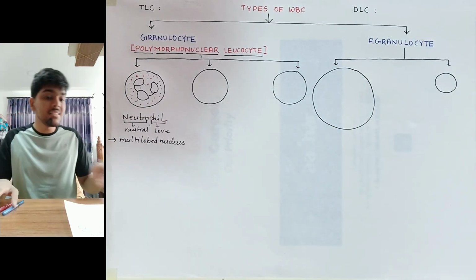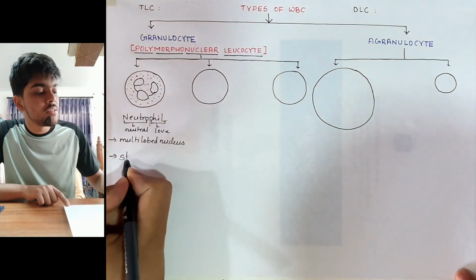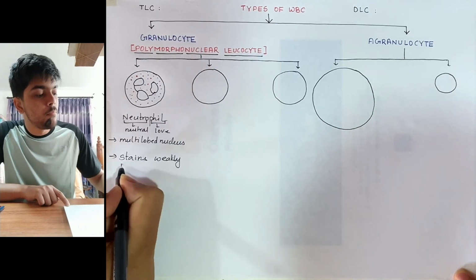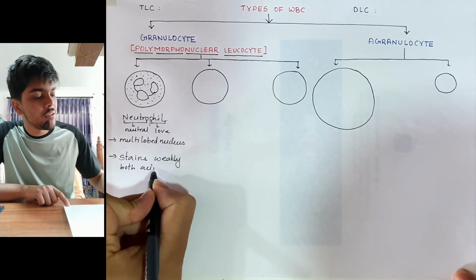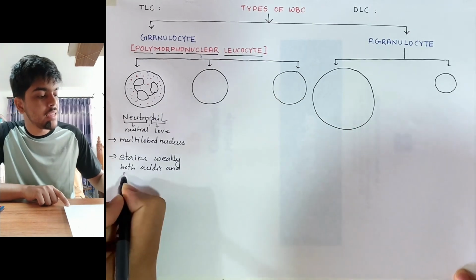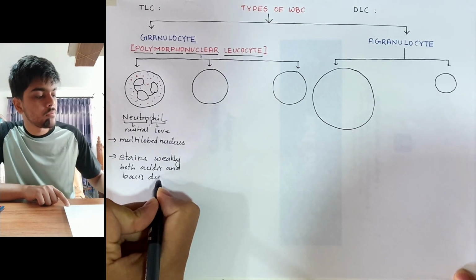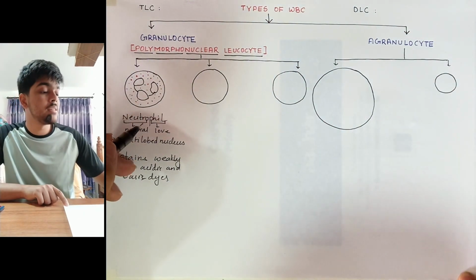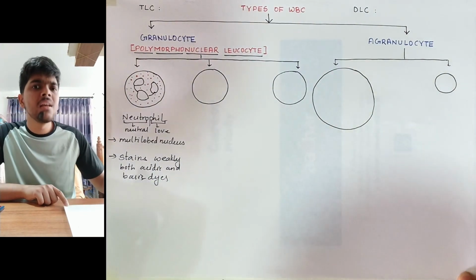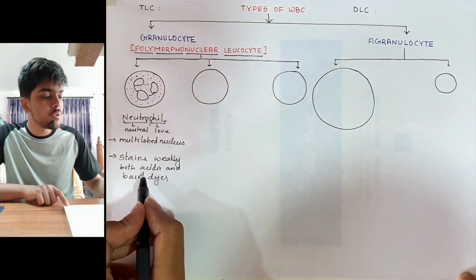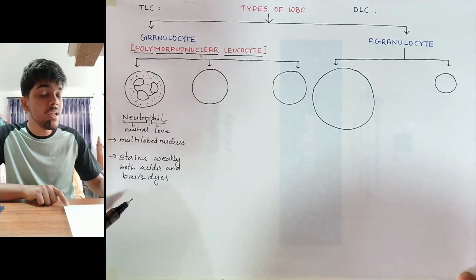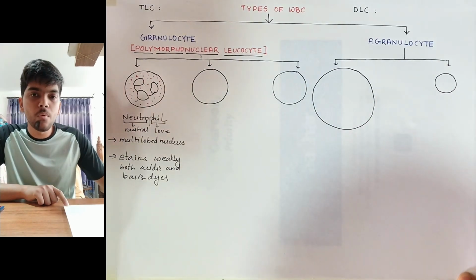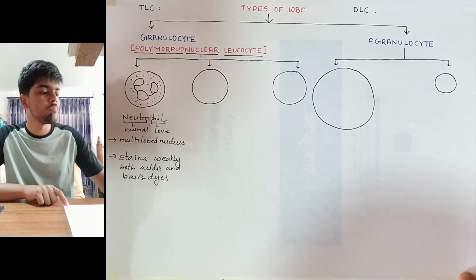Since neutrophil stains weakly with both acidic and basic dyes, it's been given the name neutrophil because its love is same towards acidic and basic dyes. Since it shows positive stain towards both acidic and basic dyes, obviously it contains both acidic and basic granules. Together, under a microscope, when observed, it would look purplish in color.